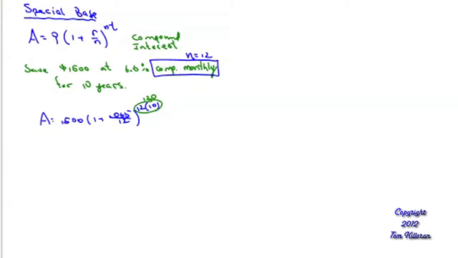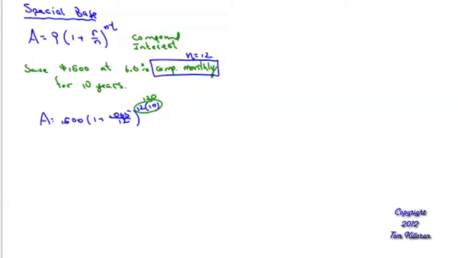You should get something bigger than 1,500. I got 16004.6.